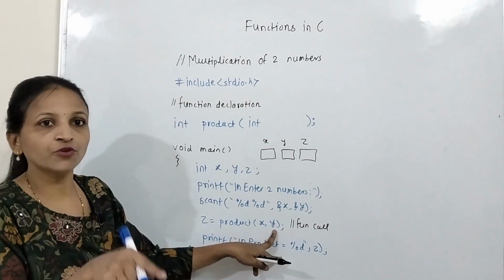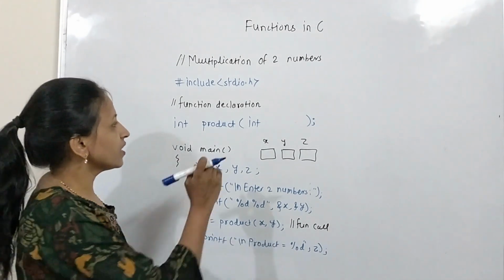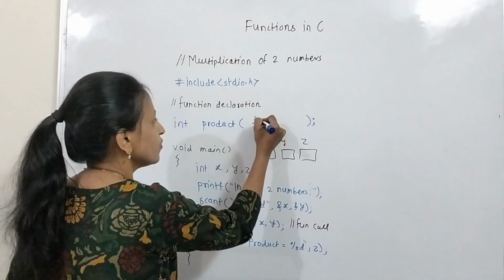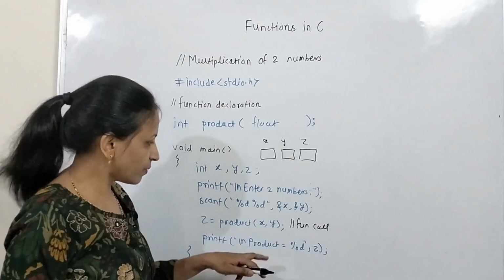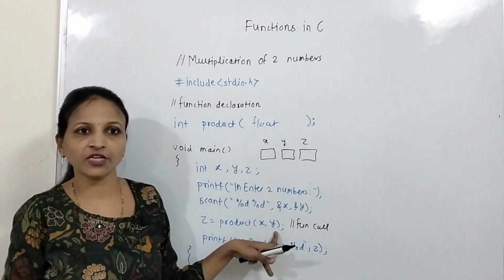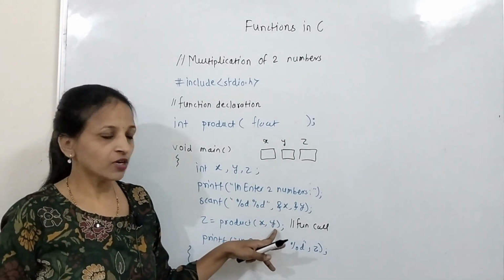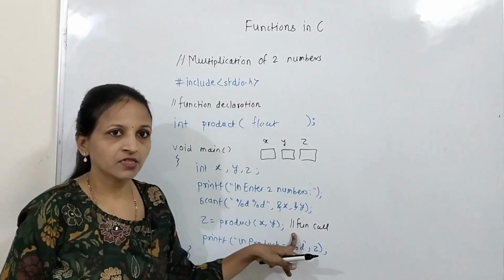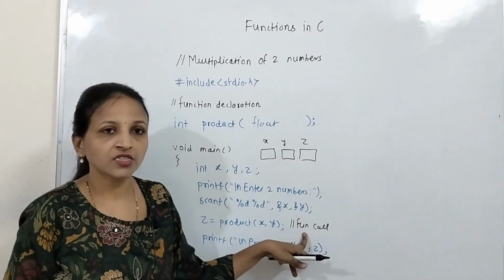If we have written float there and here we pass two integers, again the compiler will give an error. Whatever the order or sequence of arguments, it should match.